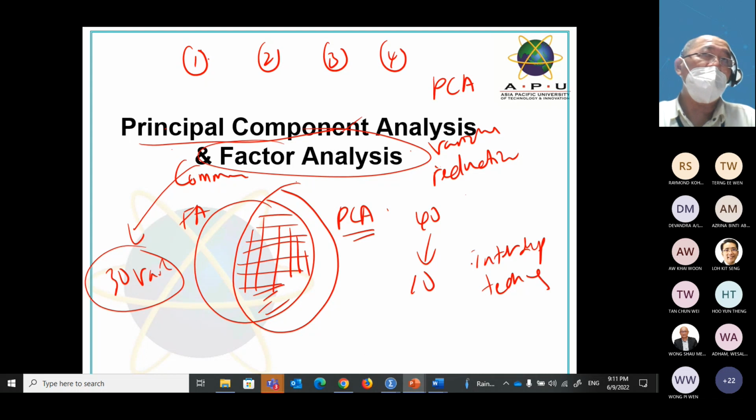You cannot say which one is independent and which one is dependent. But for chapter 2, it must be clearly mentioned. You must clearly mention in your capstone or assignment which one is independent and which one is dependent. You must only have one dependent under multiple linear regression.